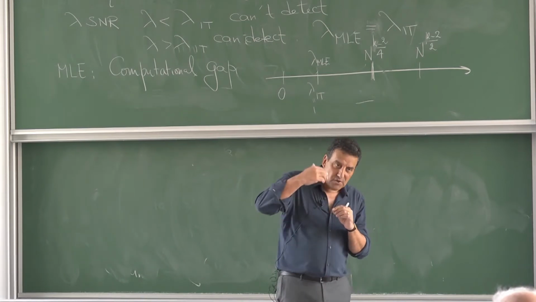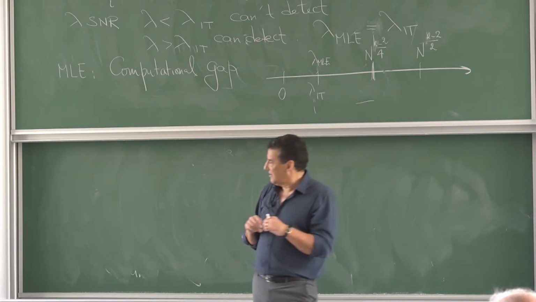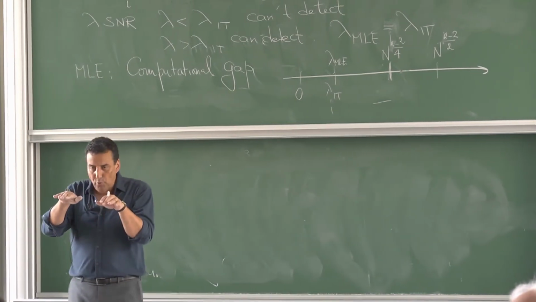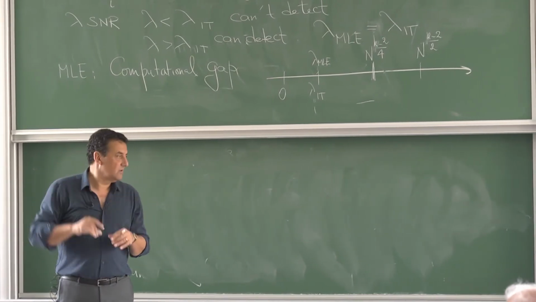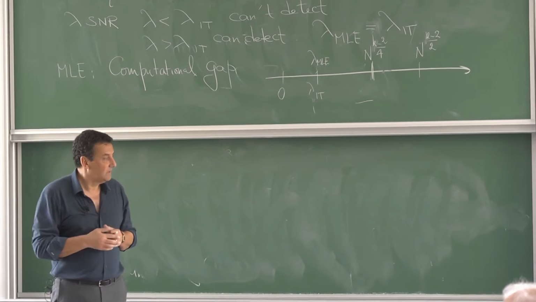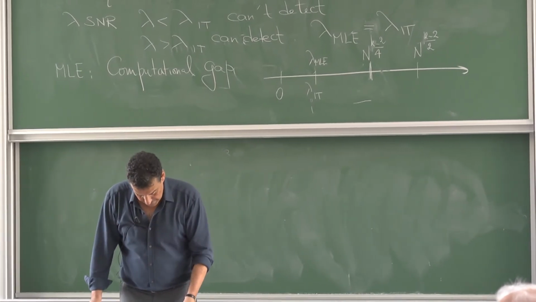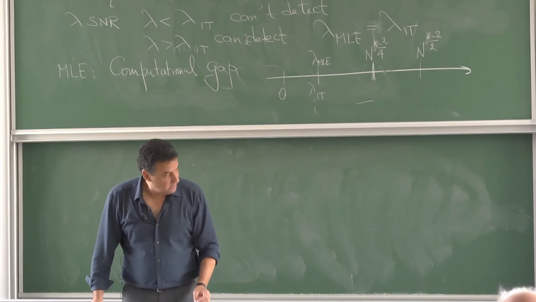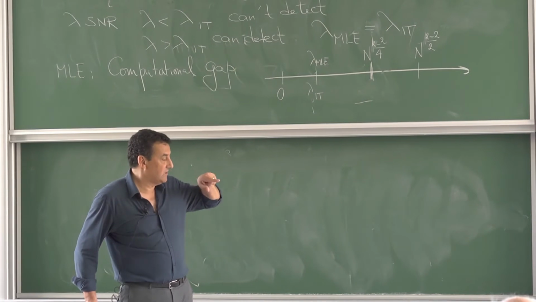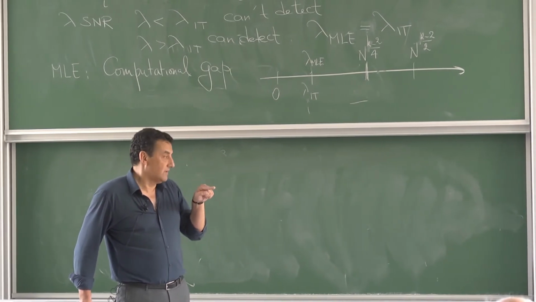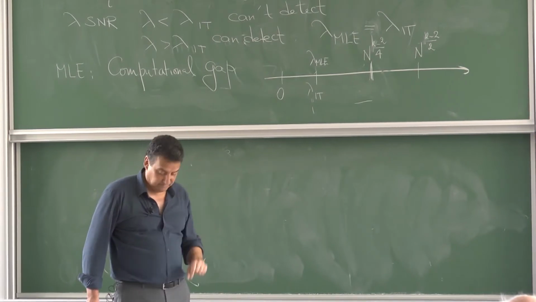Of course, this disappears when your lambda tends to infinity. So even with a warm start, if you're not warm enough, you can get stuck in something which is not the optimal solution. That's just for the experts. You start warm, you become a little warmer, but not warm enough.